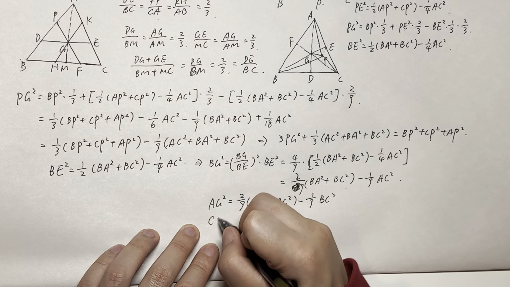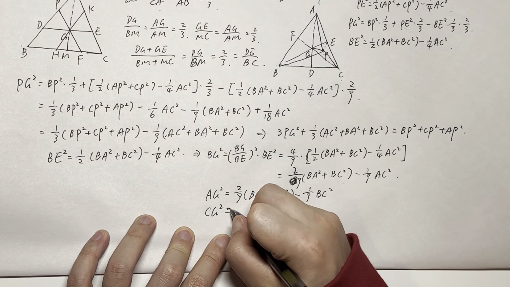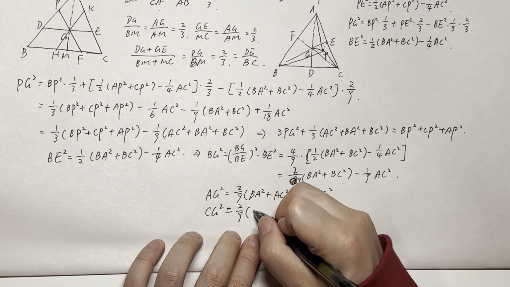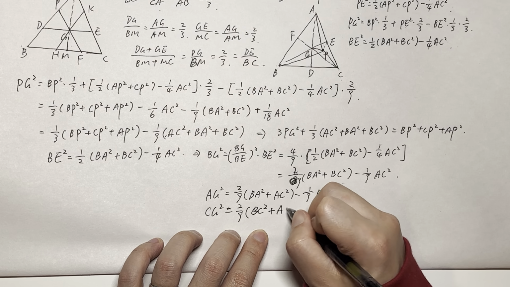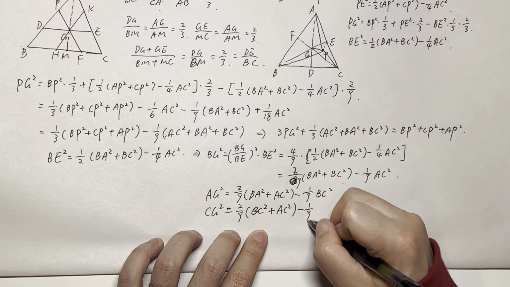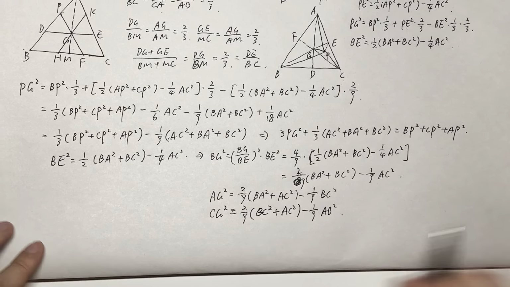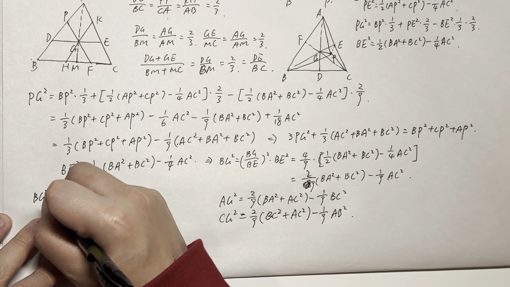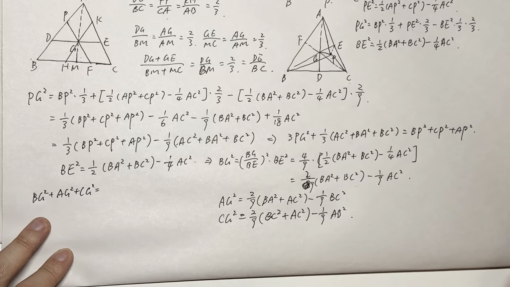And similarly, CG squared should equal 2/9 BC squared plus AC squared minus 1/9 AB squared, right? We sum this together, so BG squared plus AG squared plus CG squared equals 2.